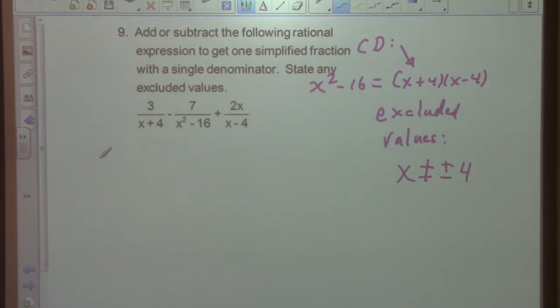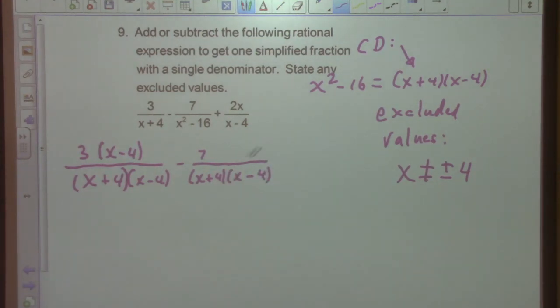So what can we do to this thing here? 3 over x plus 4. And then what do we multiply this by? x minus 4. And then up here also x minus 4. And then we have minus 7 over x plus 4, x minus 4.